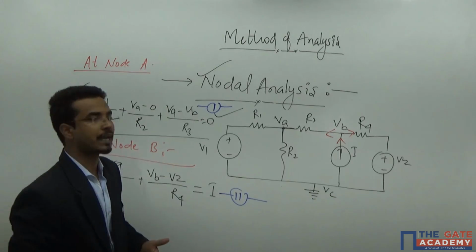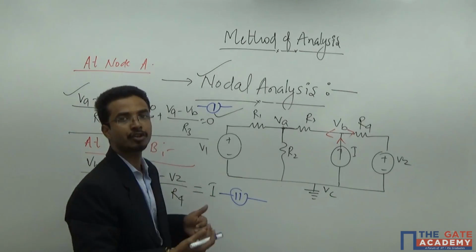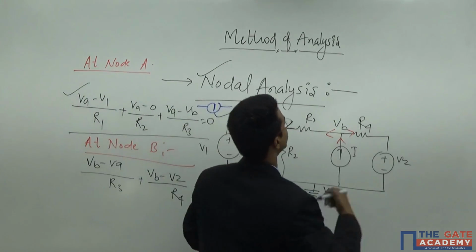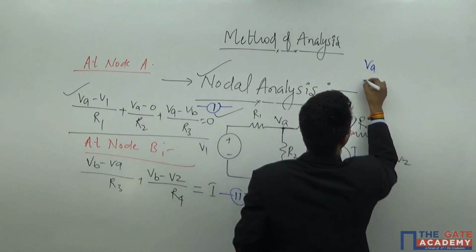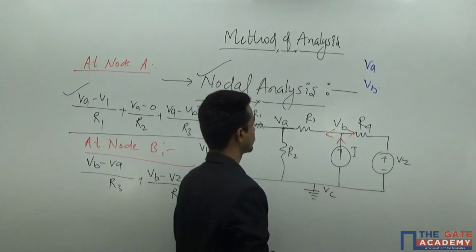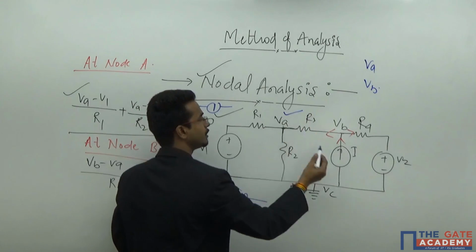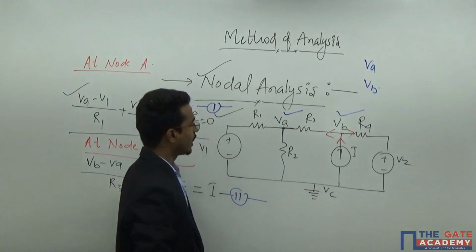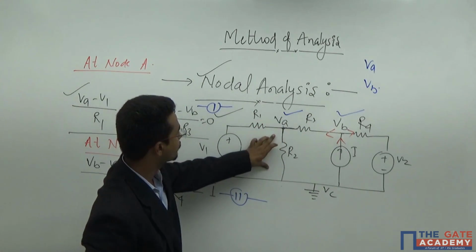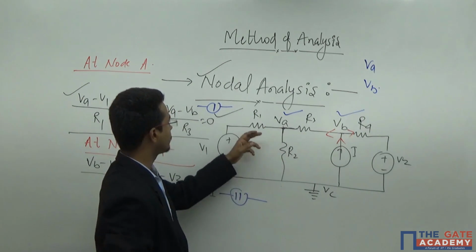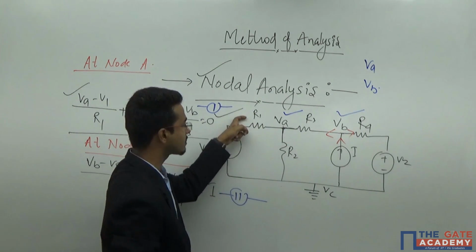Now you have to solve the simultaneous equations, and you will get the values of VA and VB. That means you will get the potential here and the potential here. If you know the potential, you can calculate the current: potential difference divided by the resistance.